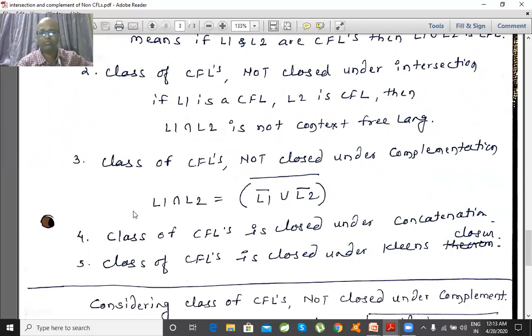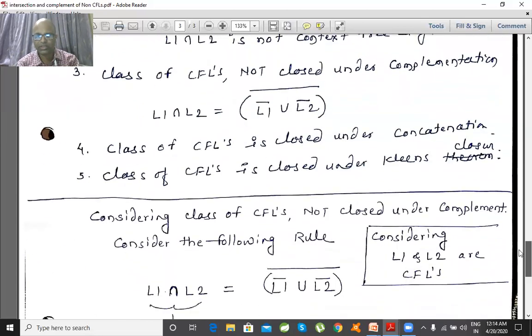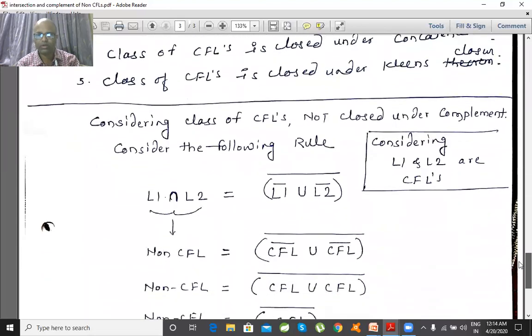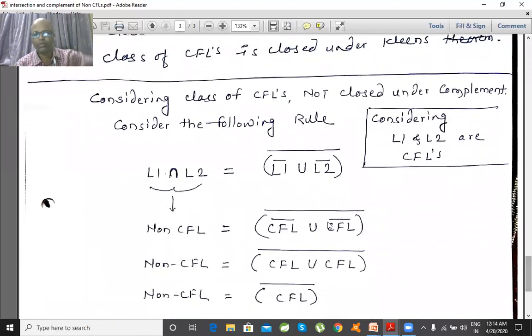Now we have one more mechanism to prove this. So let's go back and check how to prove the complement one. We have already proven, considering L1 and L2 are context free languages, that L1 intersection L2 can be rewritten with this mathematical formula.